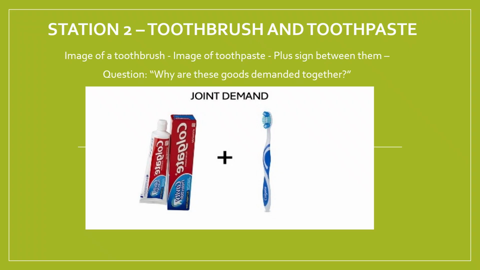Technically, yes, but it's not the normal way. When people buy a toothbrush, do they also buy toothpaste? If the demand for toothbrushes increases, what happens to the demand for toothpaste? Write your observations. What do you notice about how these goods are related?